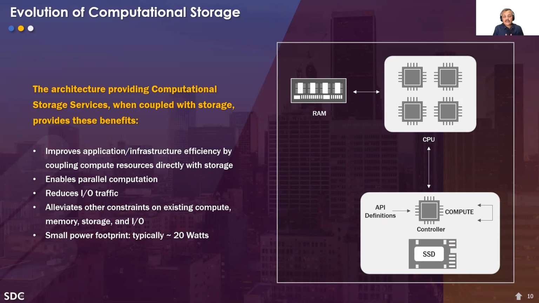And this is what is a computational storage. So we have a storage and we have a compute where computational storage services reside. And the CPU only makes calls to these storage services. The data pre-processing and processing happens on the compute, and the result sets are forwarded to the CPU.